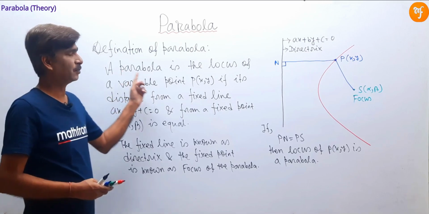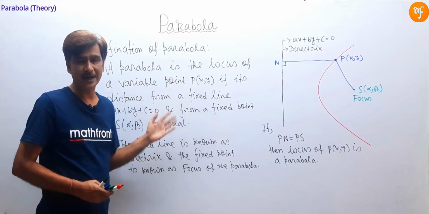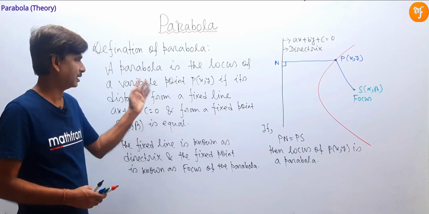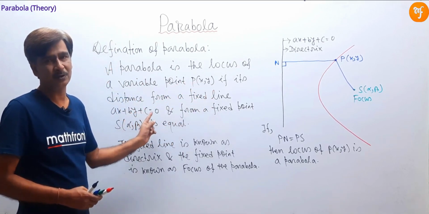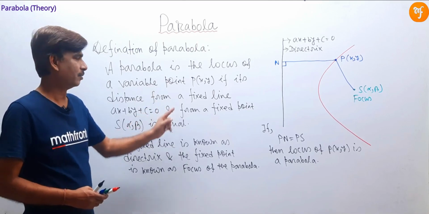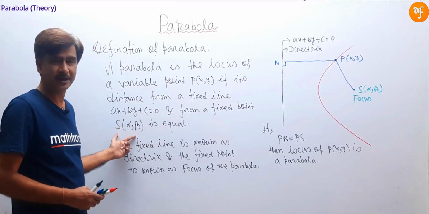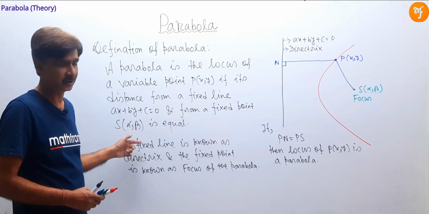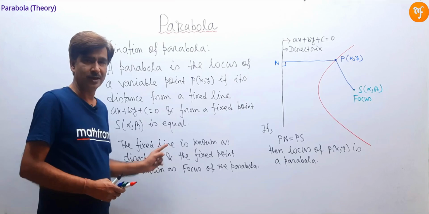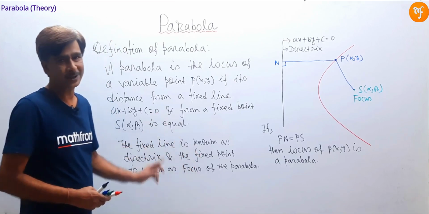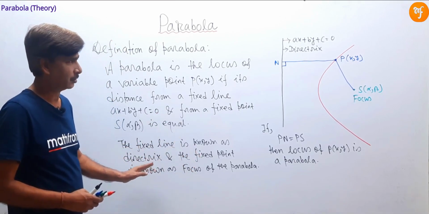We learned that parabola is nothing but the locus of a variable point. The variable point is P(x, y) whose distance from a fixed line ax plus by plus c is equal to 0, and from a fixed point, that is S, which is alpha comma beta, is equal. And this fixed line is known as the directrix of the parabola, and the fixed point is known as the focus of the parabola. Okay.